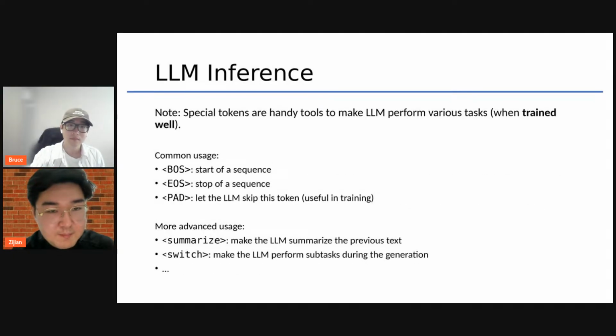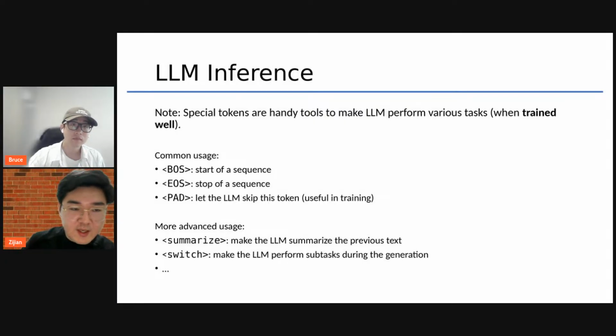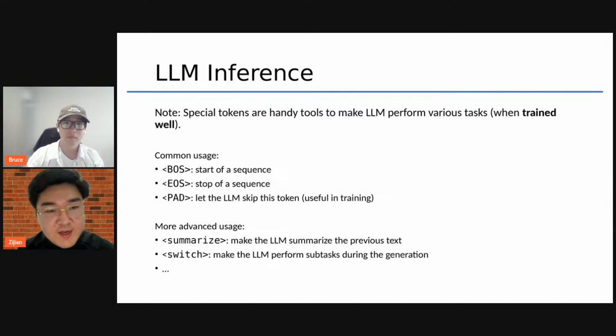And there are many other use cases for special tokens. For example, BOS is for start of sequence, EOS for end of sequence, and PAD to let the LM skip a certain token. These are some of the most common usages. For some of the more advanced usages, people have tried to use special tokens to let the LM summarize the previous text.